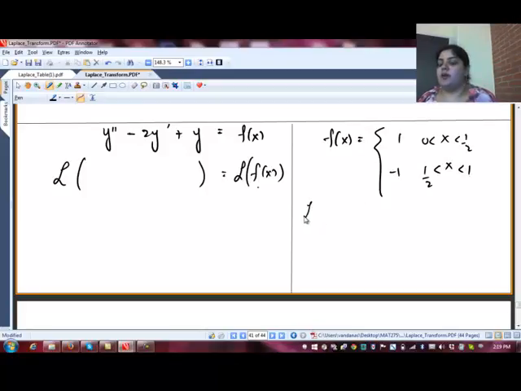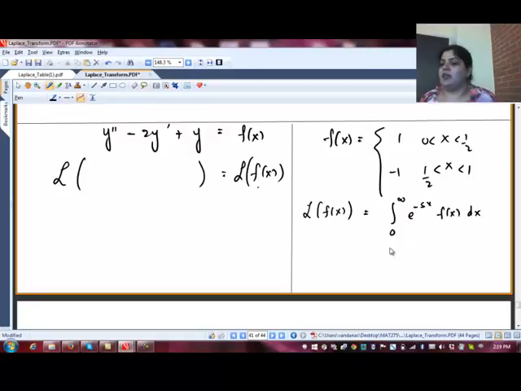So if I write down my definition for a moment, it is nothing but the integral from 0 to infinity of e to the minus sx f(x) dx, right? That's the Laplace transform. But this function is not even defined after 1 and below 0.